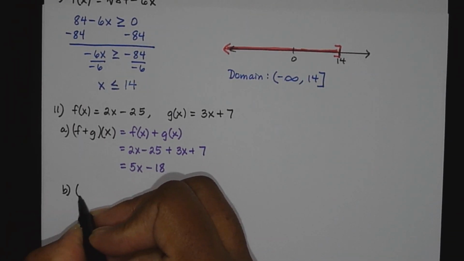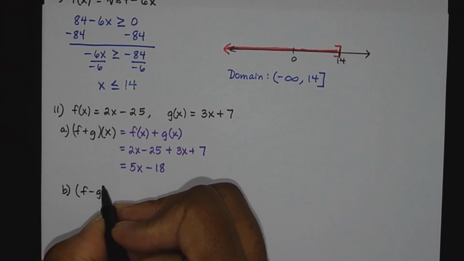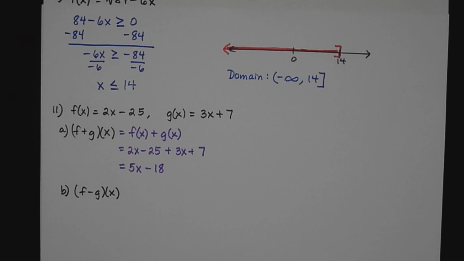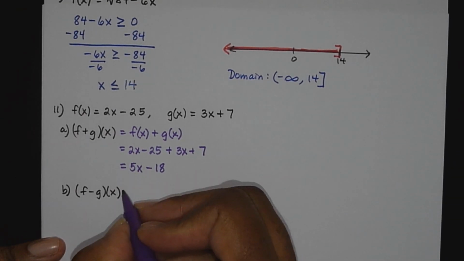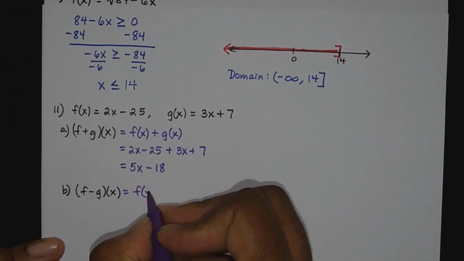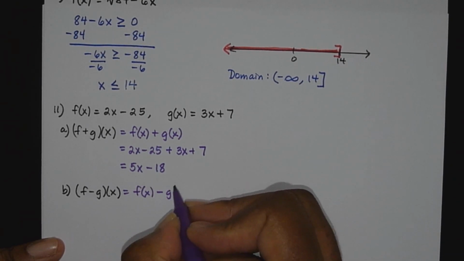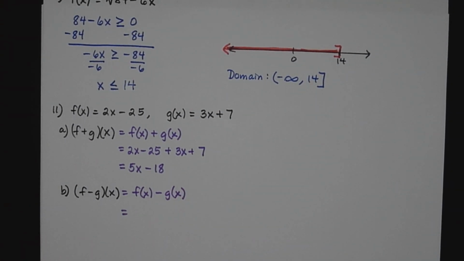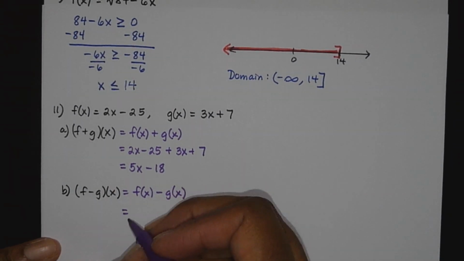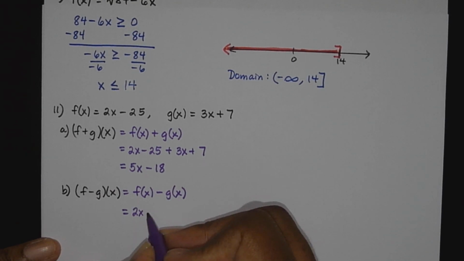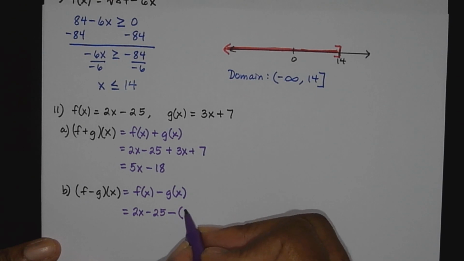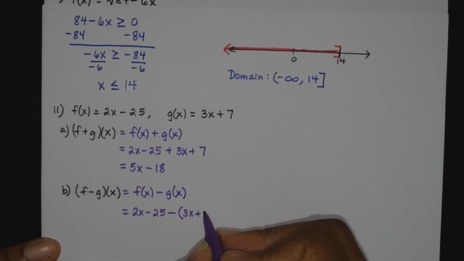All right, part B is just f minus g of x. That's the difference of the two functions. So f minus g of x would just simply be f of x minus g of x. So here, f of x is 2x minus 25. Now, g of x has to be put in parentheses.